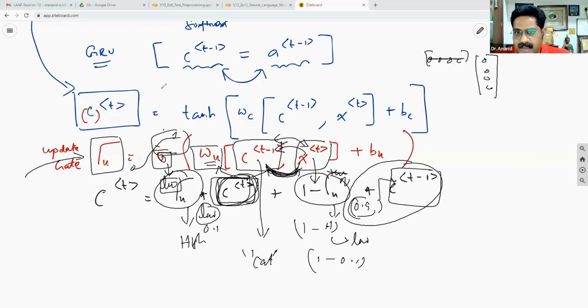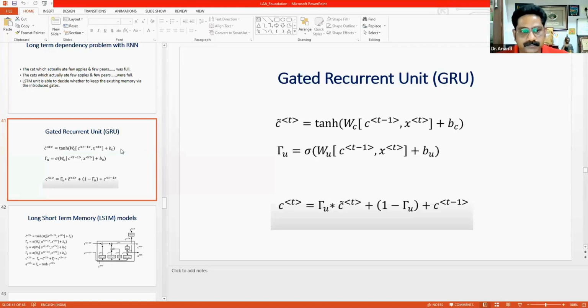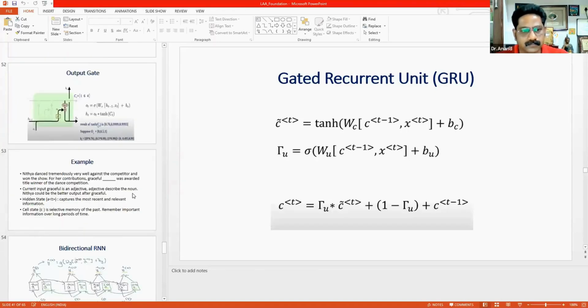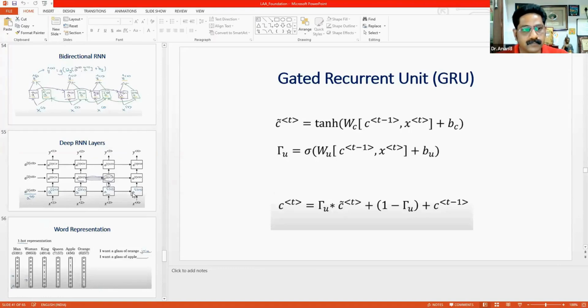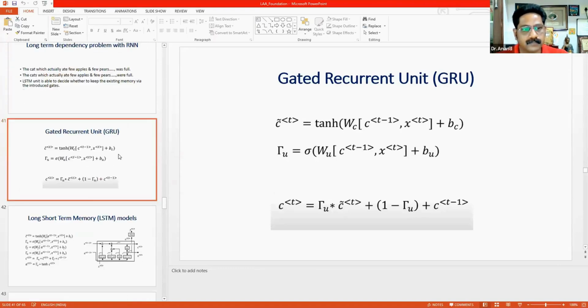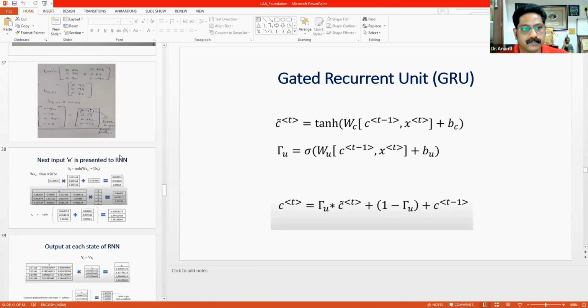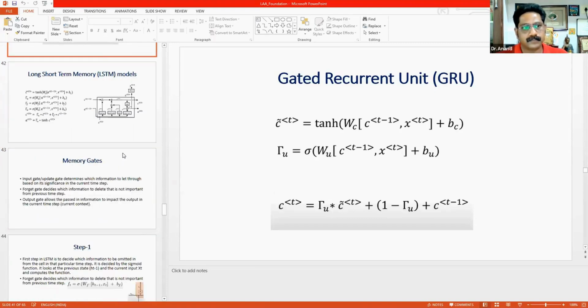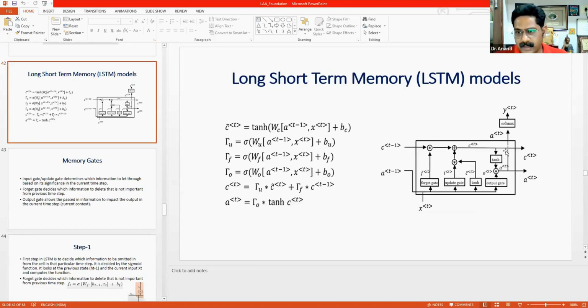In terms of a block diagram, if you look at the block diagram, I have also given the traditional block diagram as usual. This is the actual block diagram of your LSTM, but LSTM units use multiple gates.